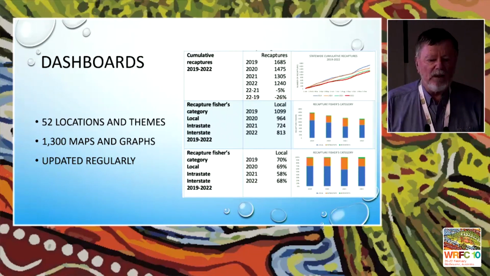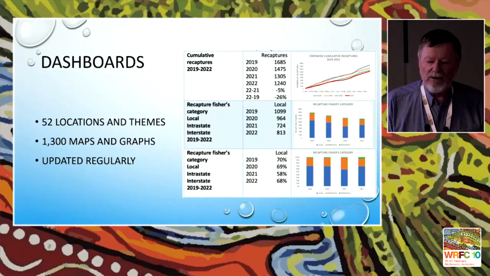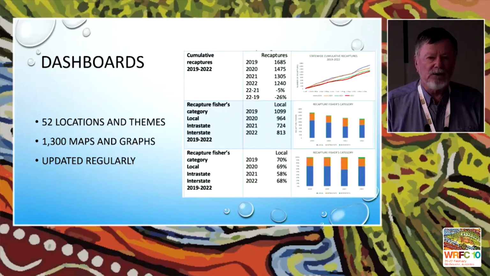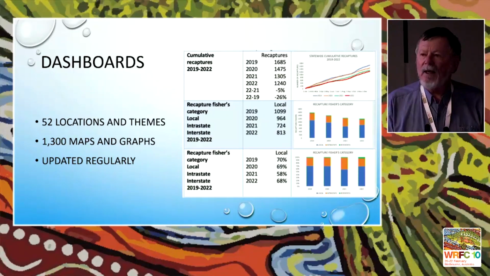All that data, we convert into dashboards. There's been a bit of talk about using dashboards. We use dashboards pretty much exclusively at the moment to provide our information. We have 52 dashboards covering Queensland. We do it on a location basis.